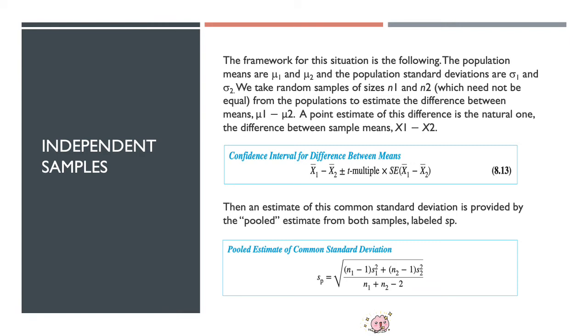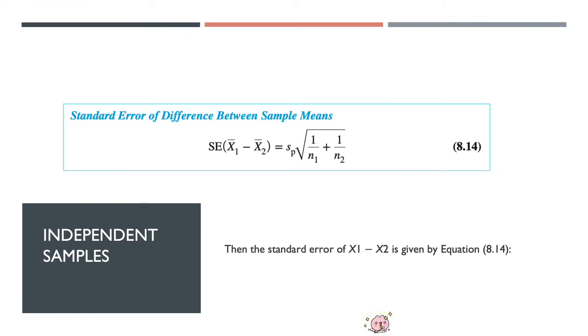A point estimate of this difference is the natural one, the difference between sample means, x̄1 minus x̄2. Then an estimate of the common standard deviation is provided by the pooled estimate from both samples, labeled s_p. Then the standard error of x̄1 minus x̄2 is given by equation 8.14.